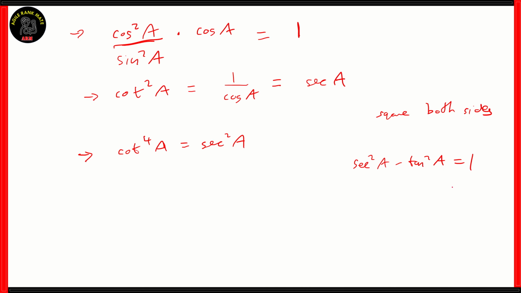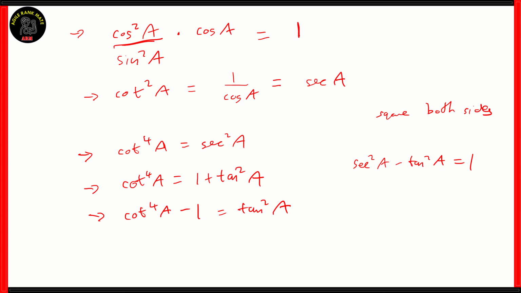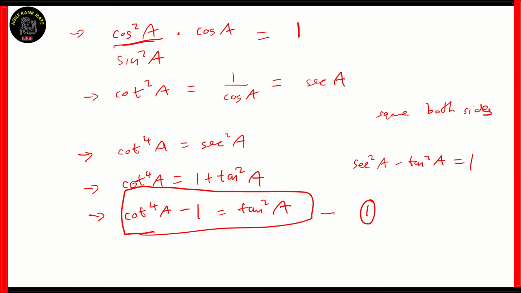So, now that we know that sec squared A minus tan squared A equals 1, we can write our equation as cot raised to 4A on the left-hand side, and on the right-hand side, we have 1 plus tan squared A. So therefore, what we get is cot raised to 4A minus 1 is equal to tan squared A. Now, how does this equation help us? So let's consider this to be equation 1, of course.